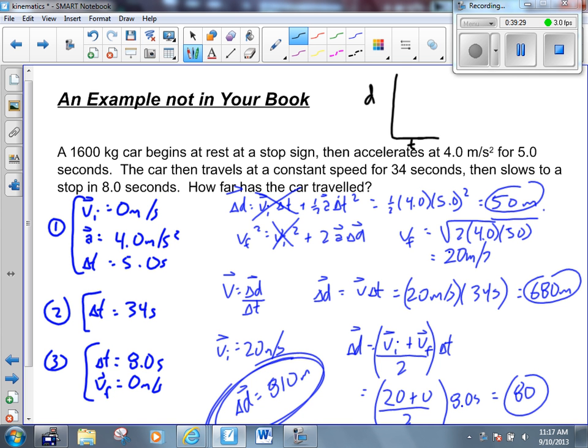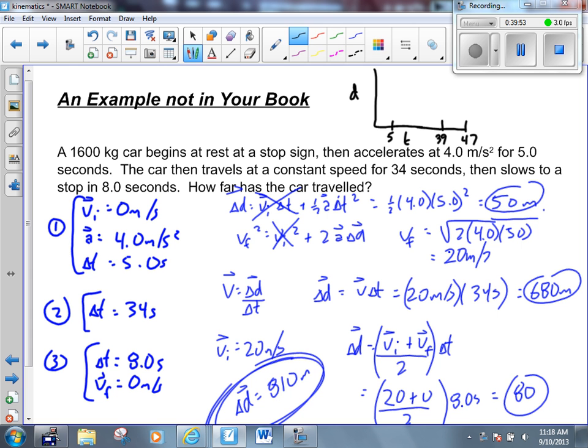Let's look at our time intervals. First of all, we're going for 5 seconds. And then we're going for 34 more seconds, so it's going to be 39 seconds, and then 8 seconds is 47 seconds. So those are going to be my relevant times.